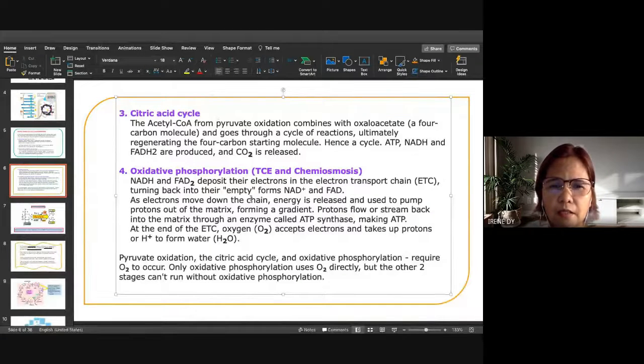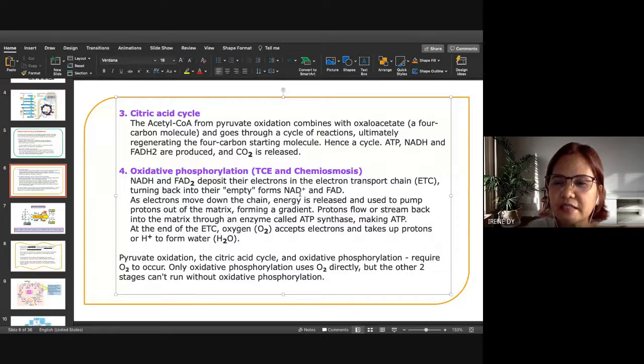Okay, and now NADH and FADH2. Class, magkaiba sila. FADH2 and FAD is different. Losing hydrogen, nawawala yung H. Same thing with NAD+ and NADH. So dito, they deposit their electrons in the electron transport chain, turning back into their empty forms of NAD+ and FAD.